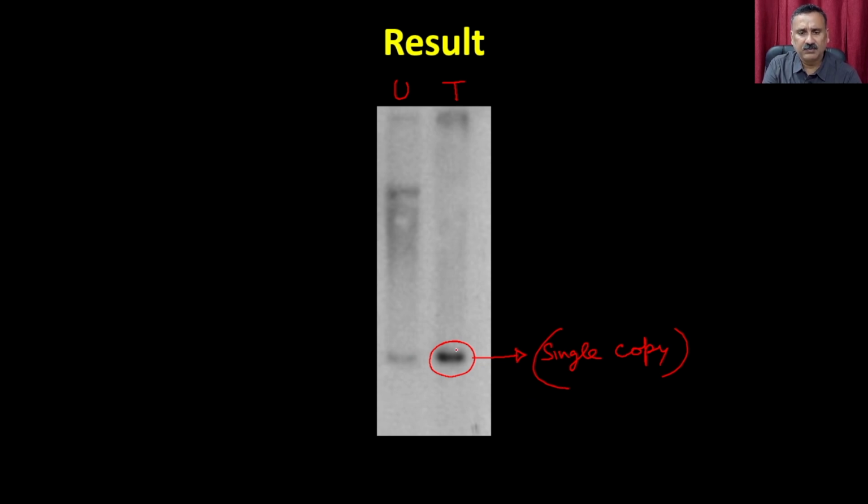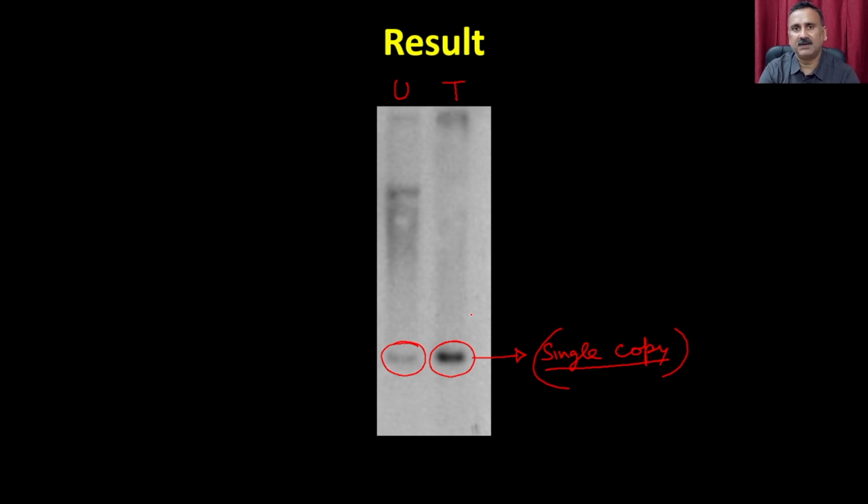On the other hand, it is also present in the untreated sample, but the level is very low compared to this. So it also says that this is a single copy of that gene in the genome, and the level is higher upon treatment.